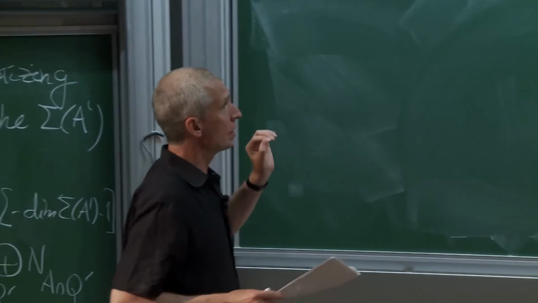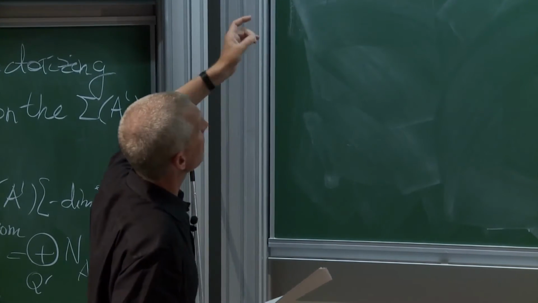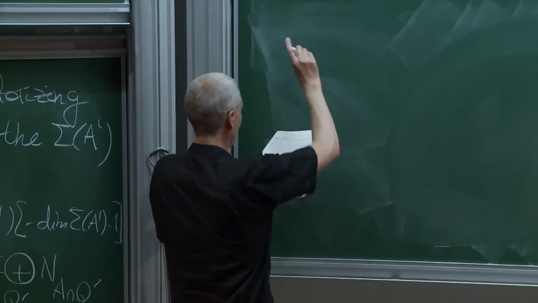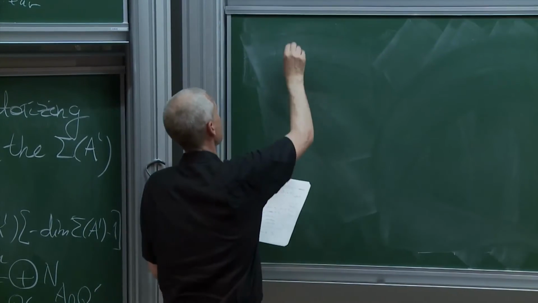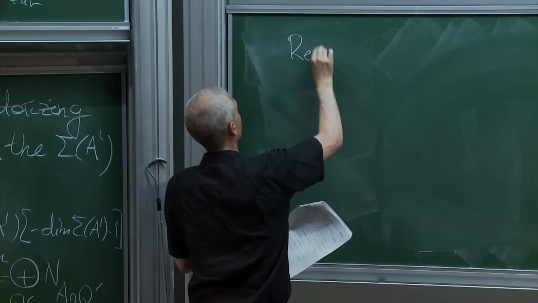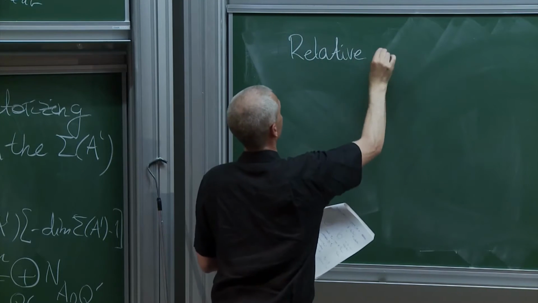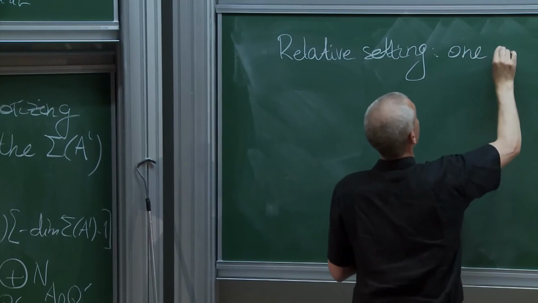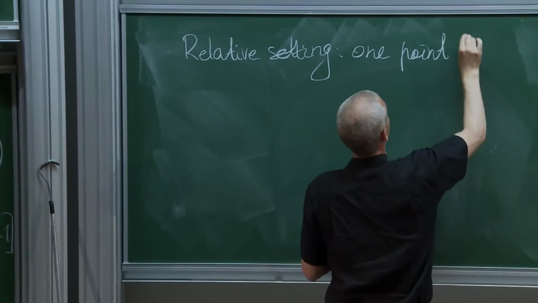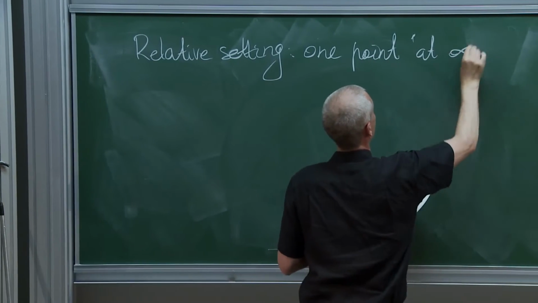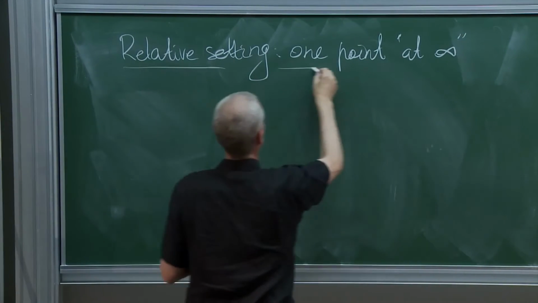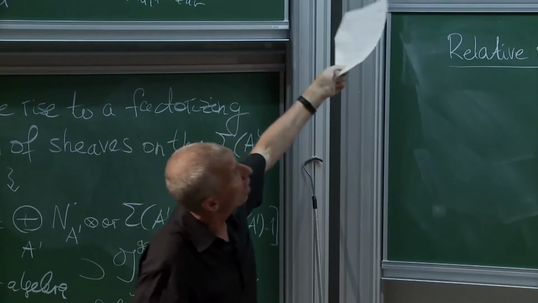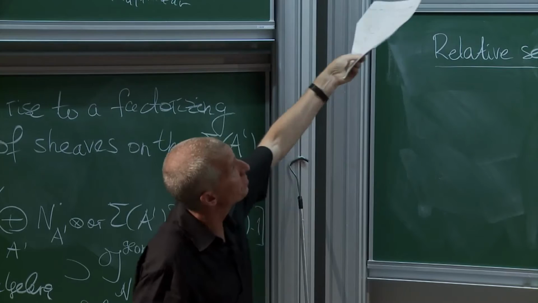Now it's actually important in this case that in 2 dimensions, and actually in any number of dimensions, we can consider the relative setting, which means one point at infinity. And putting one point at infinity is exactly the setting when the Fukaya-Seidel category is defined in symplectic topology.